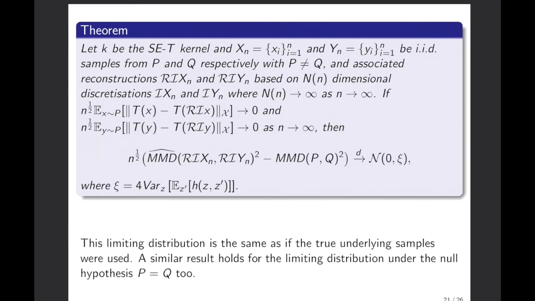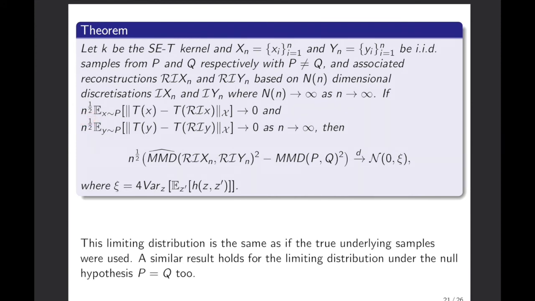And these are the reconstructions, and they're going to be based on N-dimensional discretizations, and this will depend on little n. And the conditions here are to say that the approximations have to be good enough in expectation. Okay? And good enough means that they have to decay at least as fast as n to the minus half.